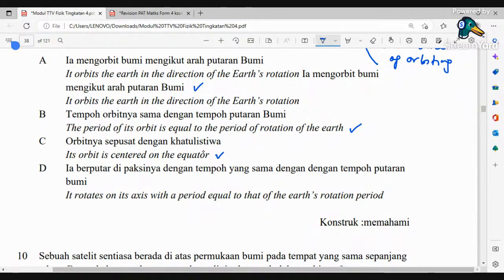It does not rotate on its axis. It does not have that. That's why this is wrong. Only the Earth rotates on its axis. The satellite does not rotate on its axis, only the Earth does. So this is the not true answer.